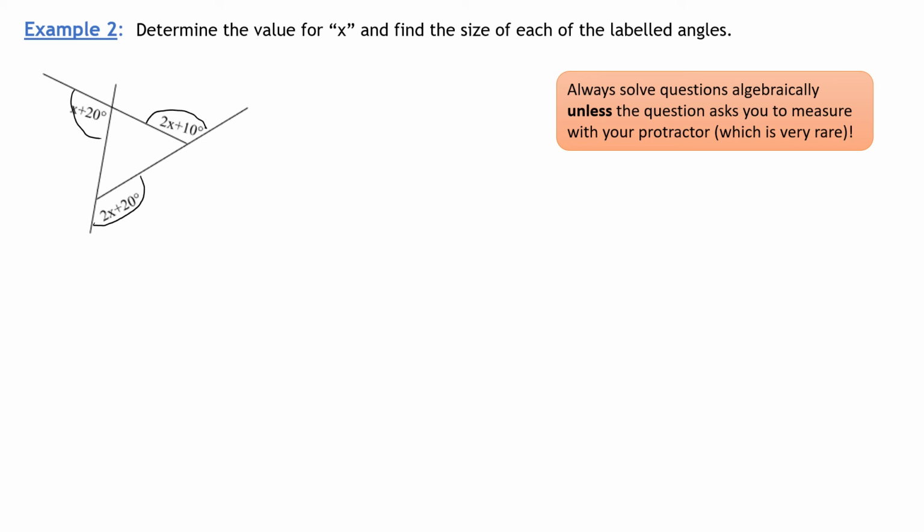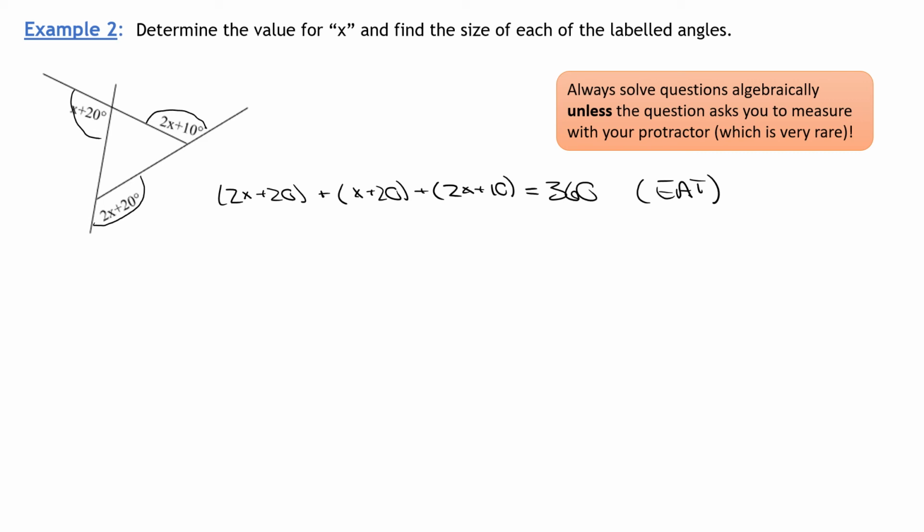So let's write that out. Starting at the bottom, 2x plus 20, that's one angle. And going clockwise, x plus 20. And then the last one is 2x plus 10. So there's my 3 angles, and they have to add up to 360 degrees. And that's the exterior angle theorem.